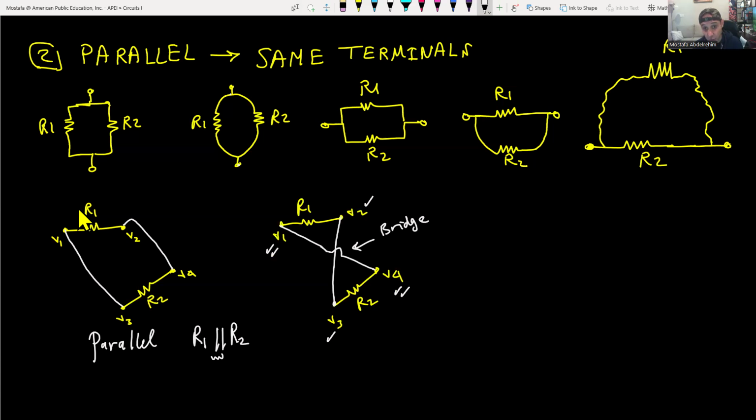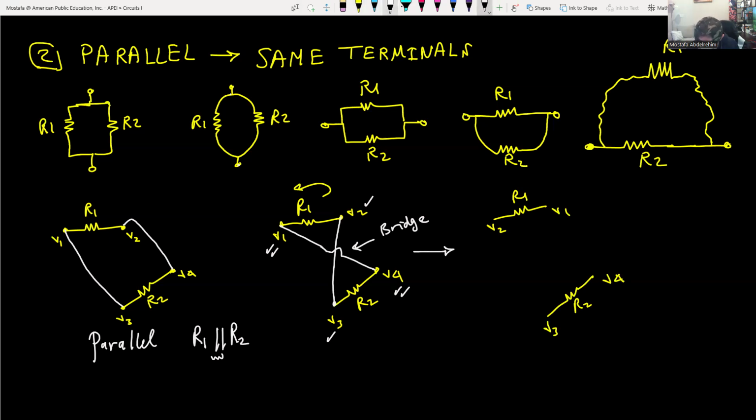And by the way, you can do this in another way. You can take R1 and flip it. So I'm gonna flip R1. So basically, V2 will be here and V1 will be here. R2 is still the same, V3 and V4.